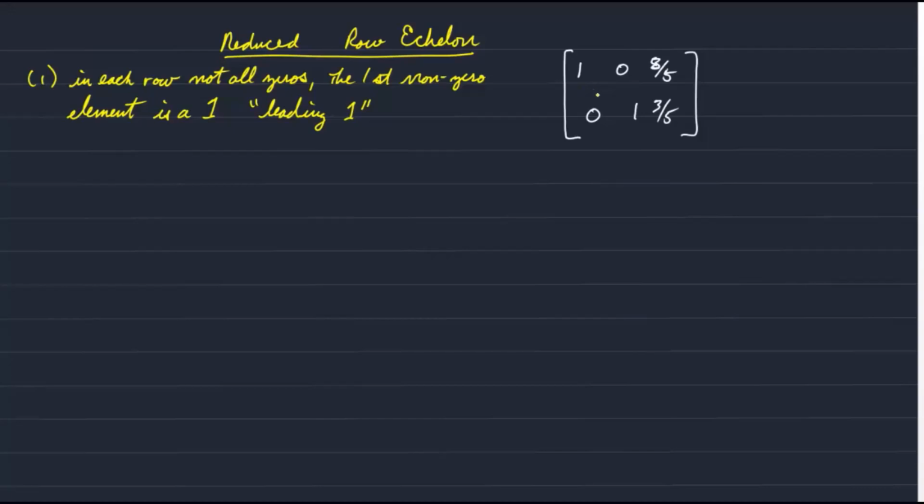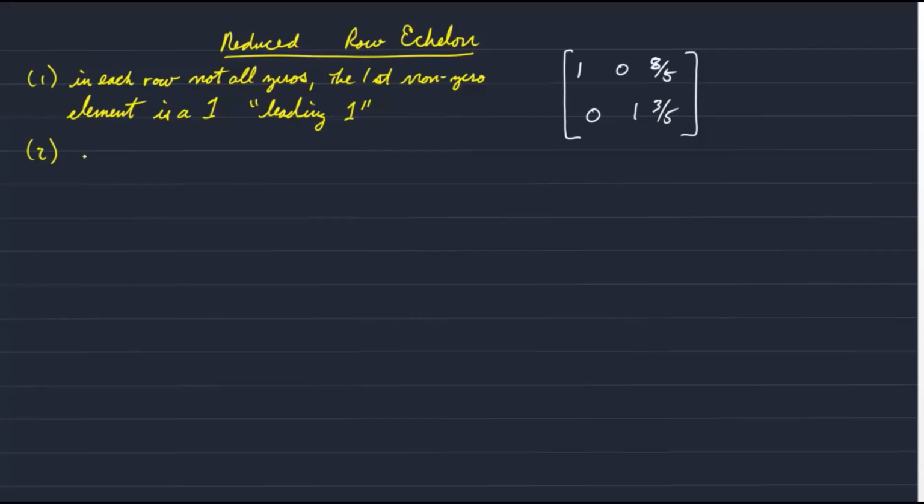You can see that both of these rows are not all zeros, and for each of them, the very first non-zero element is a 1. The 1 is here in the first row, and the 1 is here on the second row. This is a 0 element, and the first non-zero element in the second row is a 1. So that's one characteristic of row echelon.